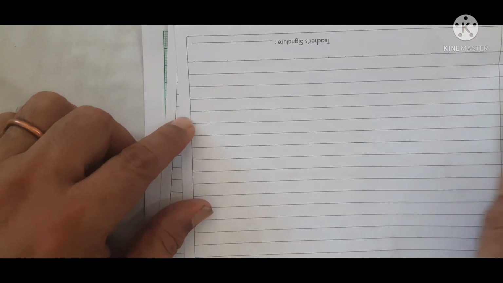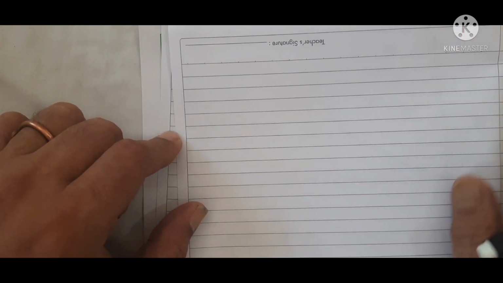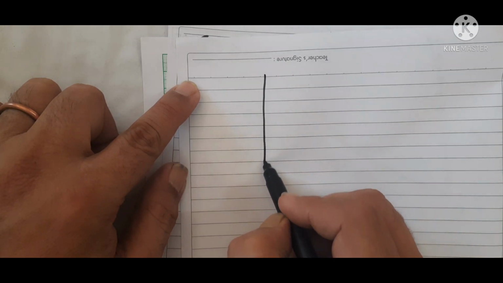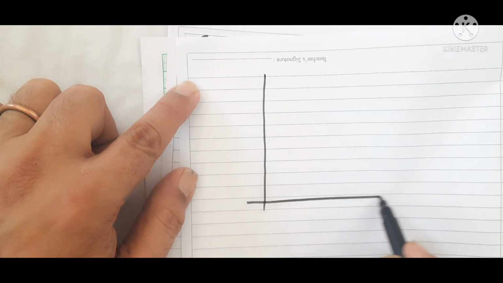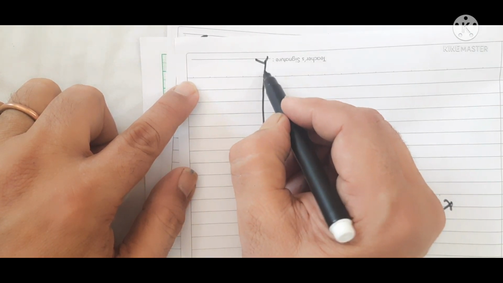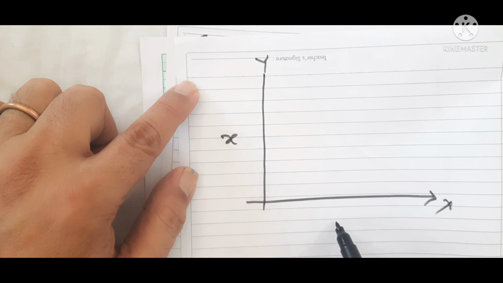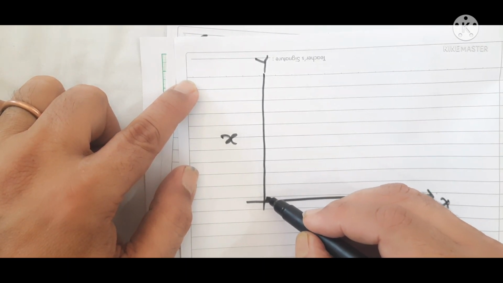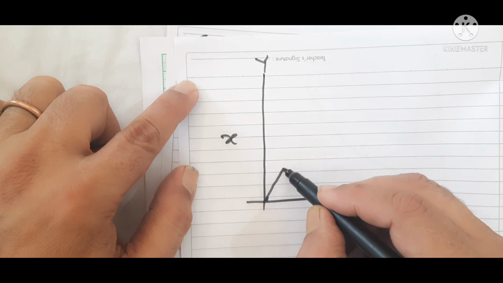Nature of the graph you will get. This is the y axis, x axis. This is x and t. If you are plotting, you will find that it is like that.